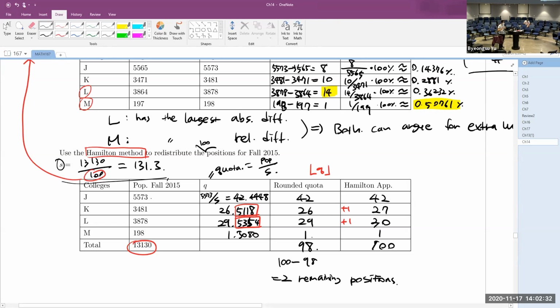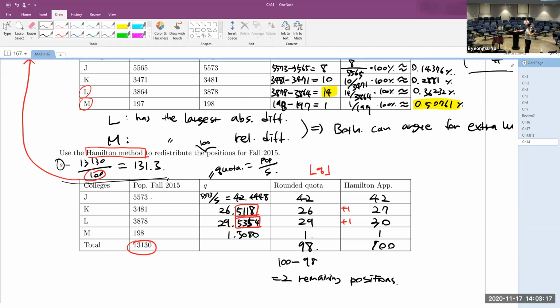Okay, do you have any questions? So I just add 1 for K and L, not J or M, because K and L have the biggest fractional part, the decimal part of the Q, not the whole number.